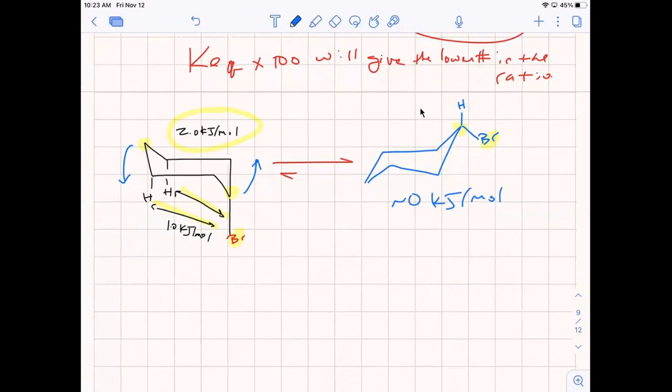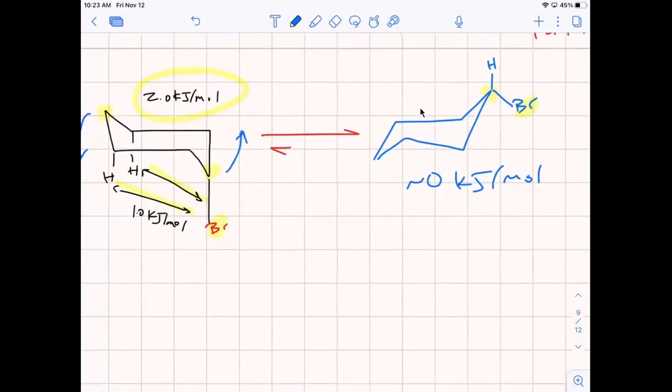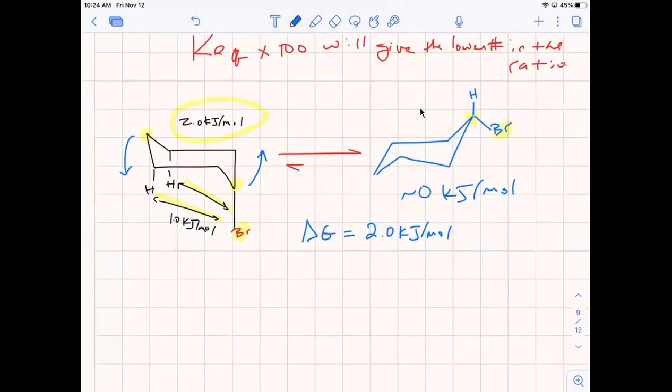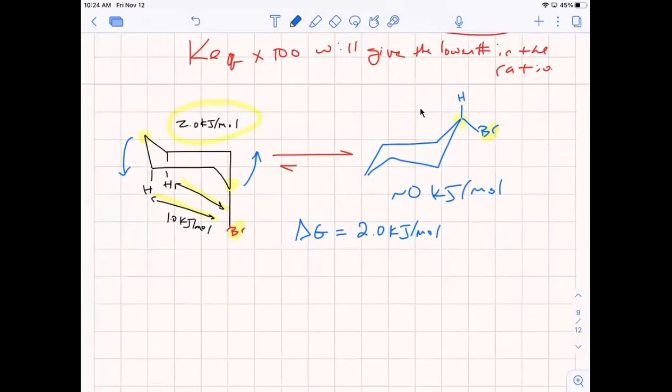All right, so delta G in this case is going to be what? 2? That's the difference between the two, right? One is 2, one is 0. So the difference is 2 kilojoules per mole.